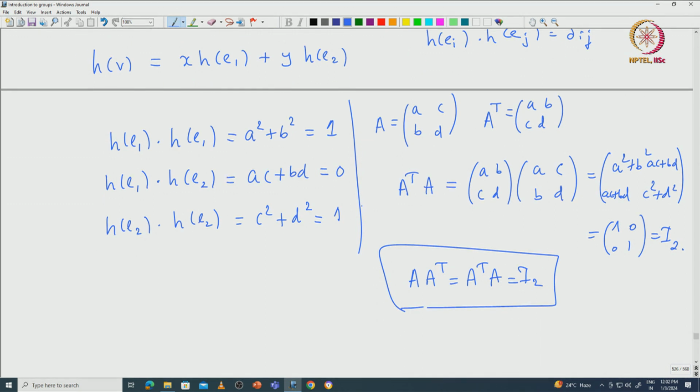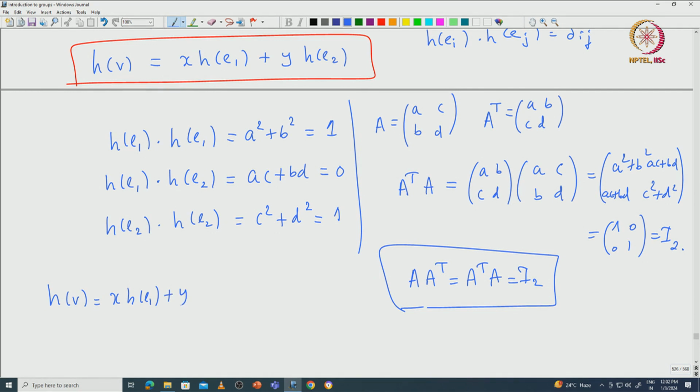Okay. Now, how do you write this general H of V using them? If you just work it out, you can see that H of V is equal to x H of E1 plus y H of E2.